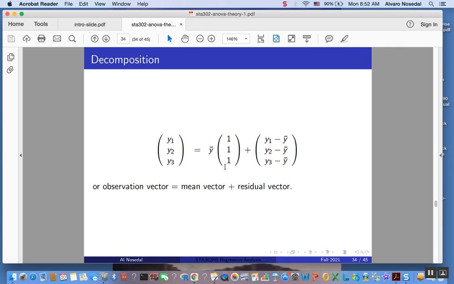This is basically what we could call the model space. We're looking for a multiple of the vector 1, 1, 1 that is a good approximation for the observed vector of y's.